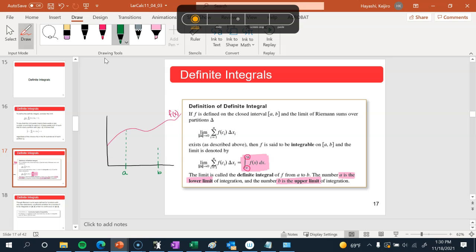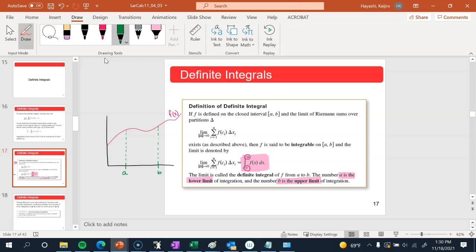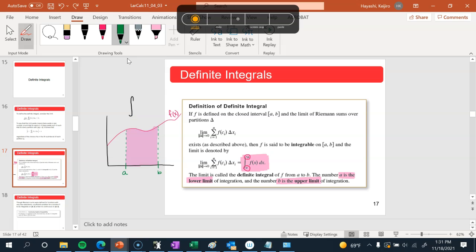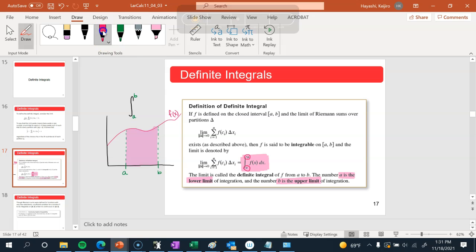So what you would be finding is the area under this curve, between this curve and the x-axis, specifically. And the notation you use to represent that is that you say that you're finding the definite integral from A to B of the curve f of x dx.